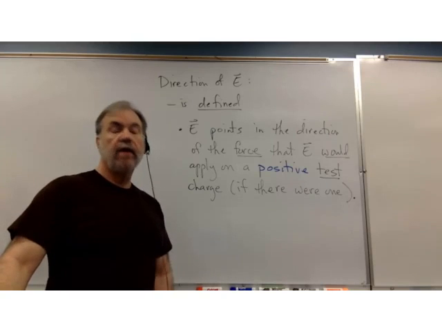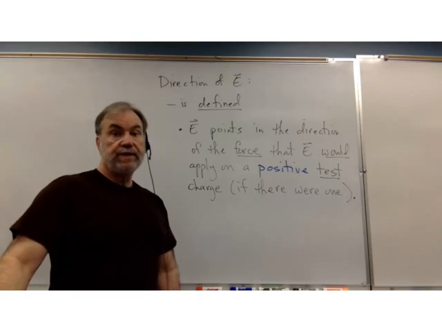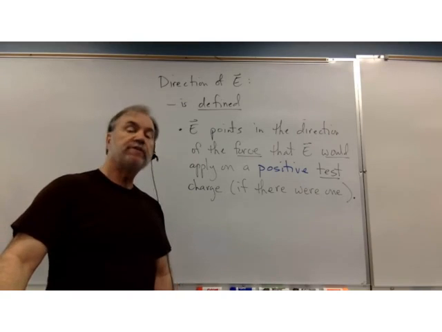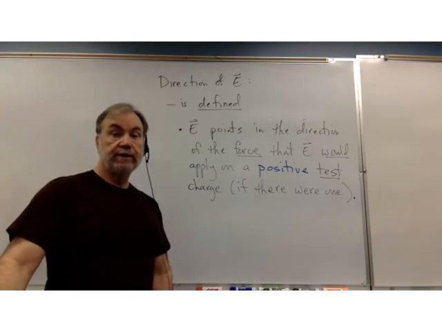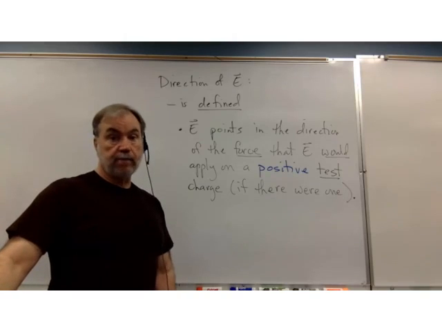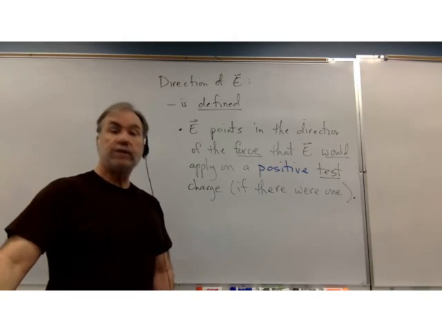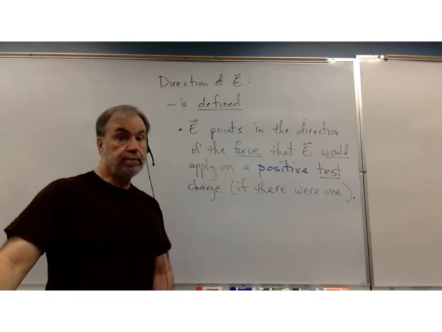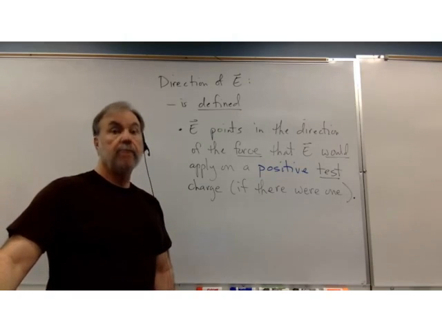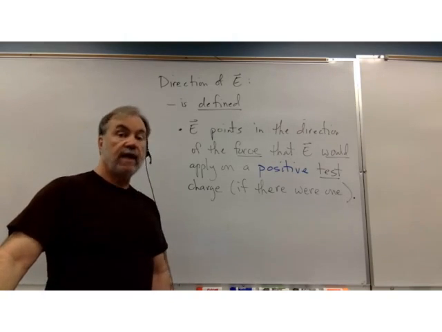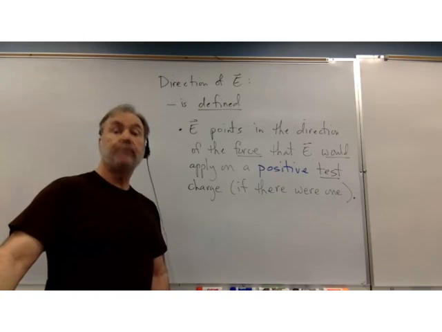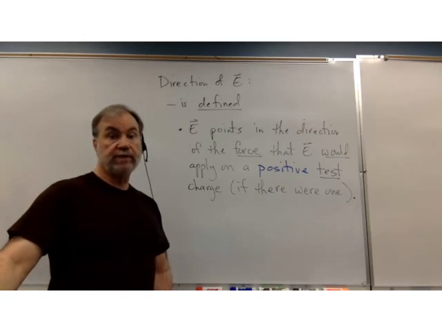At any random point in space, what direction does the electric field point? The answer is, imagine if you put a positive test charge at that point. Then whatever direction the force on that test charge would point, if it were there, by definition, that is also the direction that the electric field vector points at that particular location.